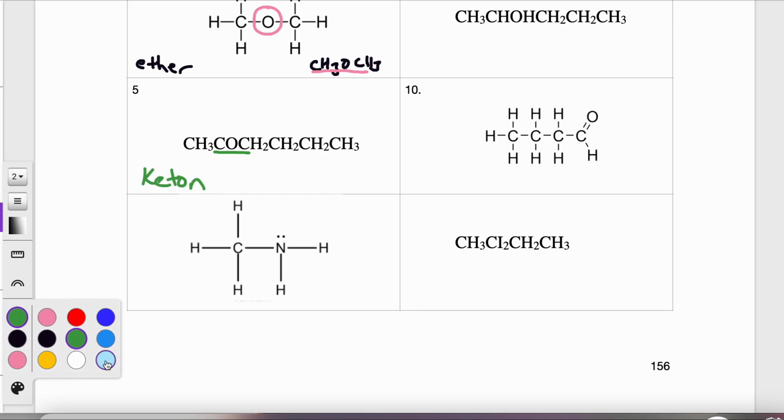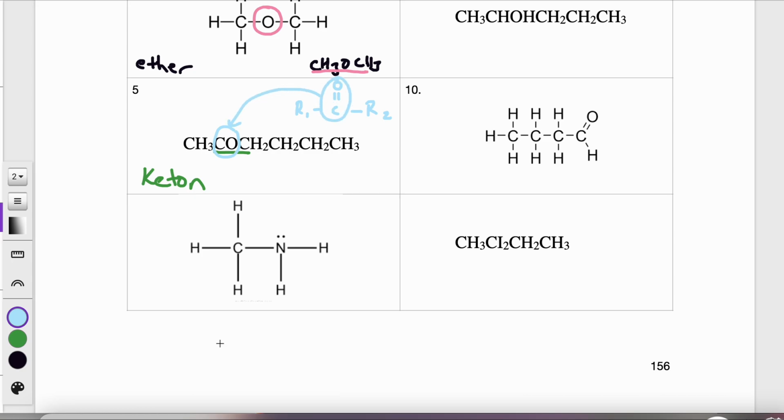And what I need to circle as the functional group is the oxygen and the carbon it is bonded to. So it will look something like this. So this right here is that guy there.